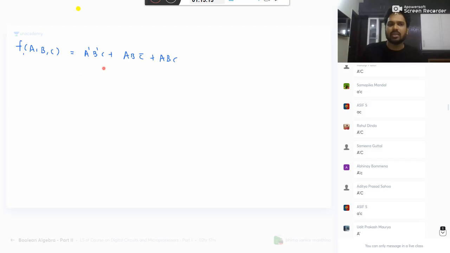What is the dual of this function? The dual is (A bar plus B bar plus C) into (A plus B plus C bar) into (A plus B plus C).